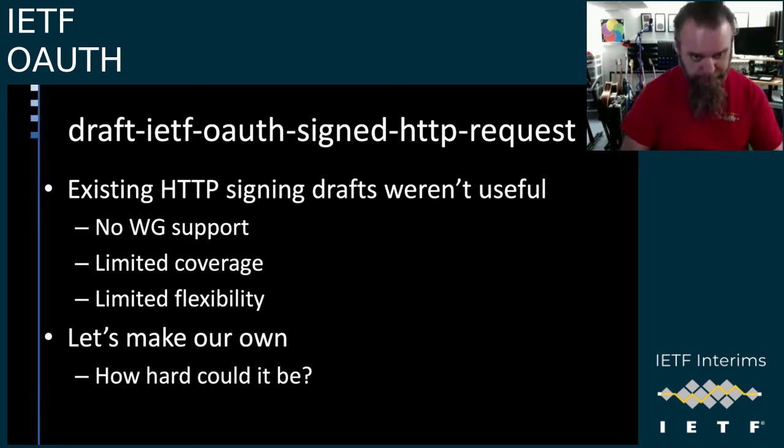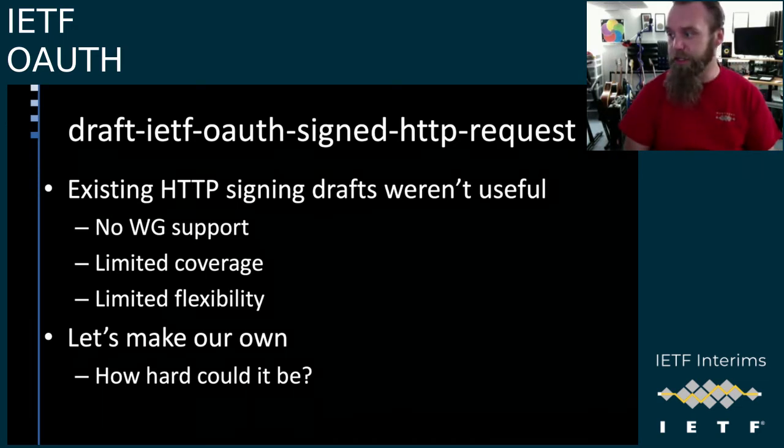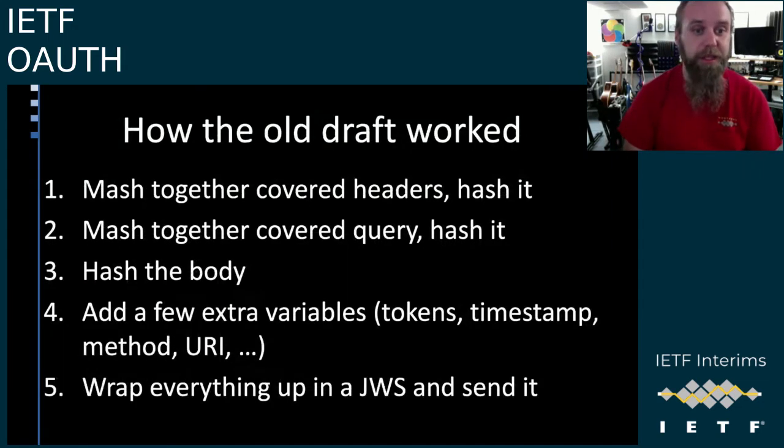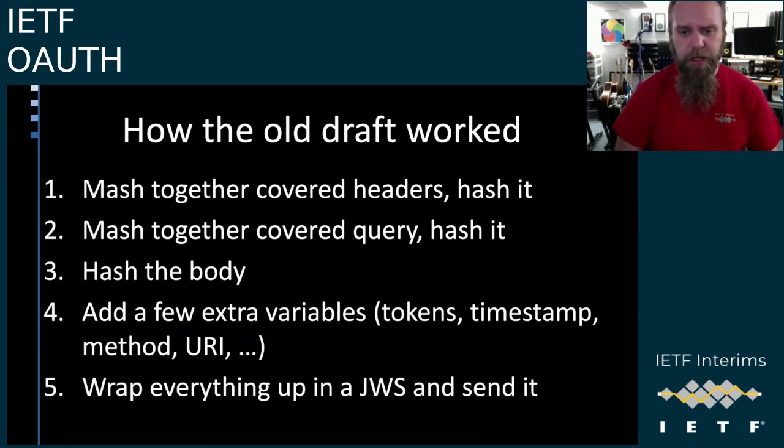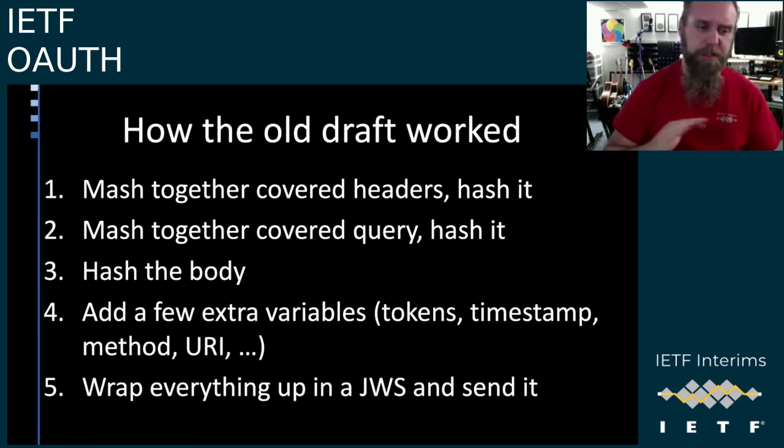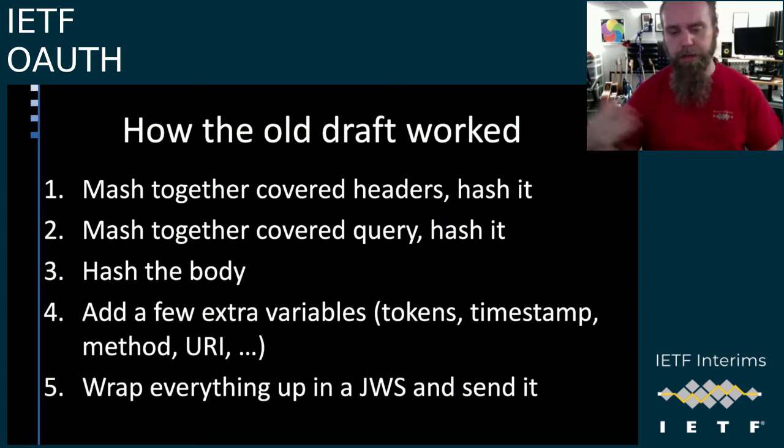So again, I was like, how hard could it be to make one of these? It turns out it was really hard. The way the old draft works is that you smush all your headers together and hash that, mash the parts of the query together and hash that, and you hash the body, and you repeat a couple of extra variables from the HTTP message, things like access tokens and timestamps and the method and URI and maybe some other stuff.